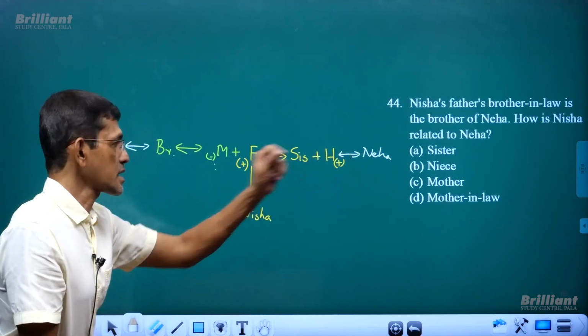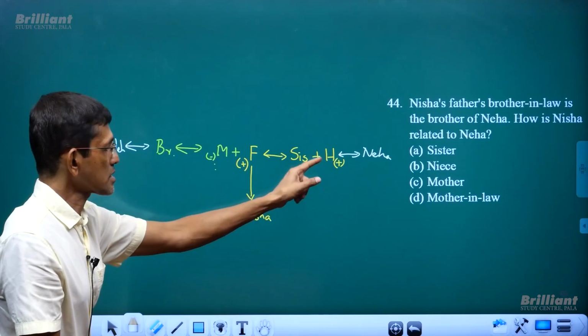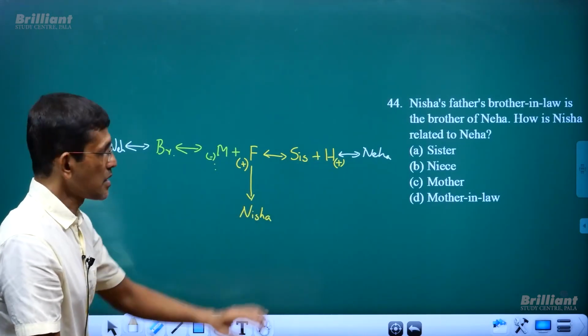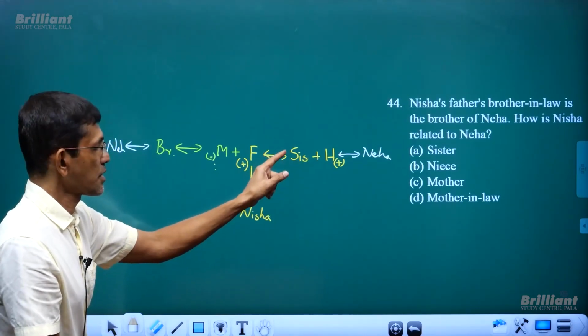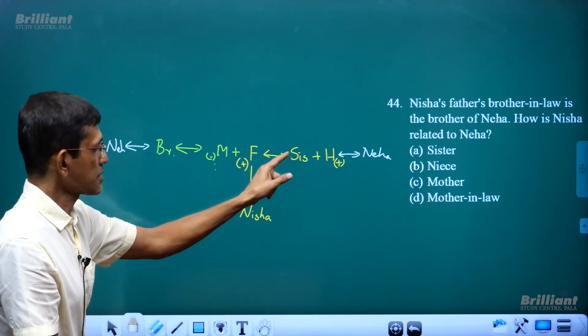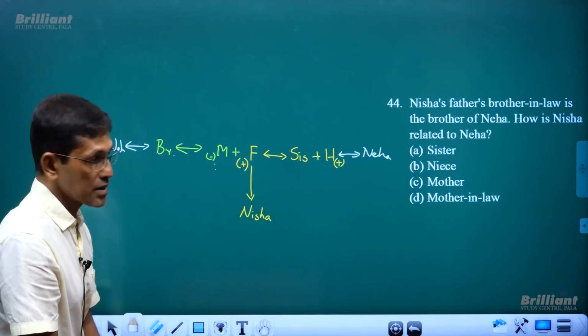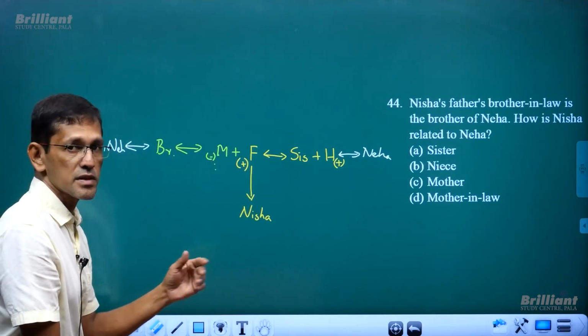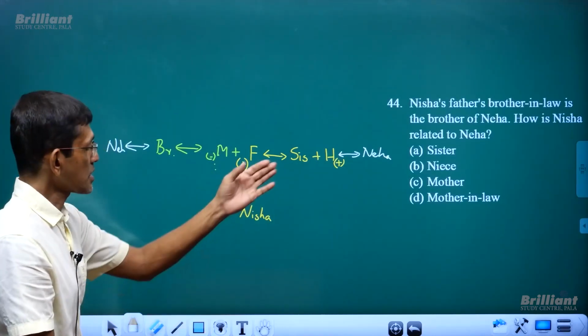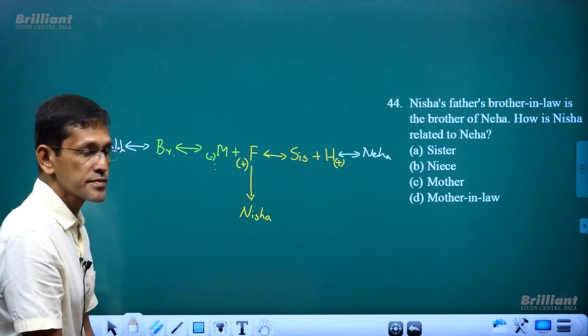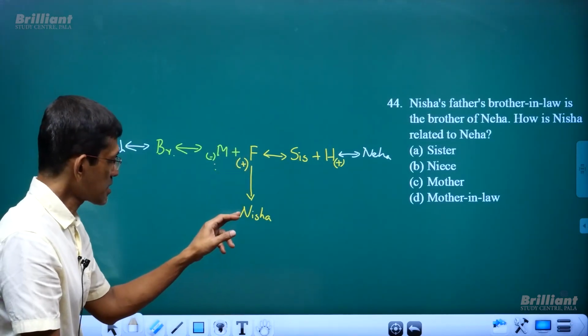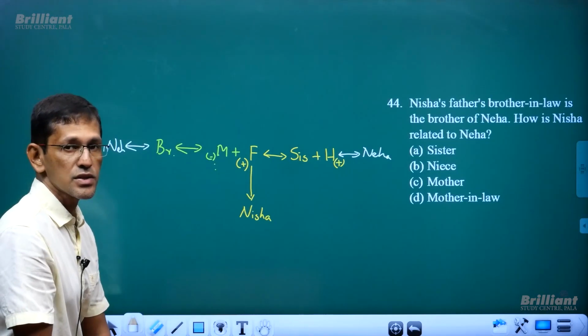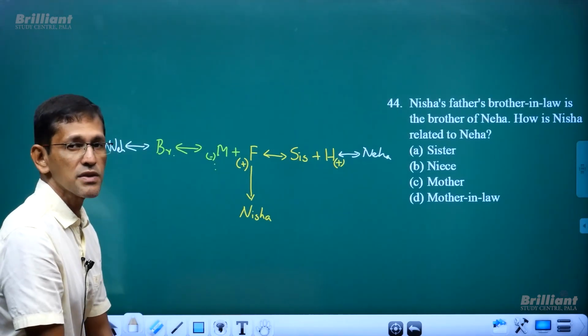Now if Neha is here, Neha's brother's wife's brother. So Neha's brother's wife, that means her sister-in-law. Sister-in-law's brother, and sister-in-law's brother's daughter is Nisha. In that case, there is no specific relation.